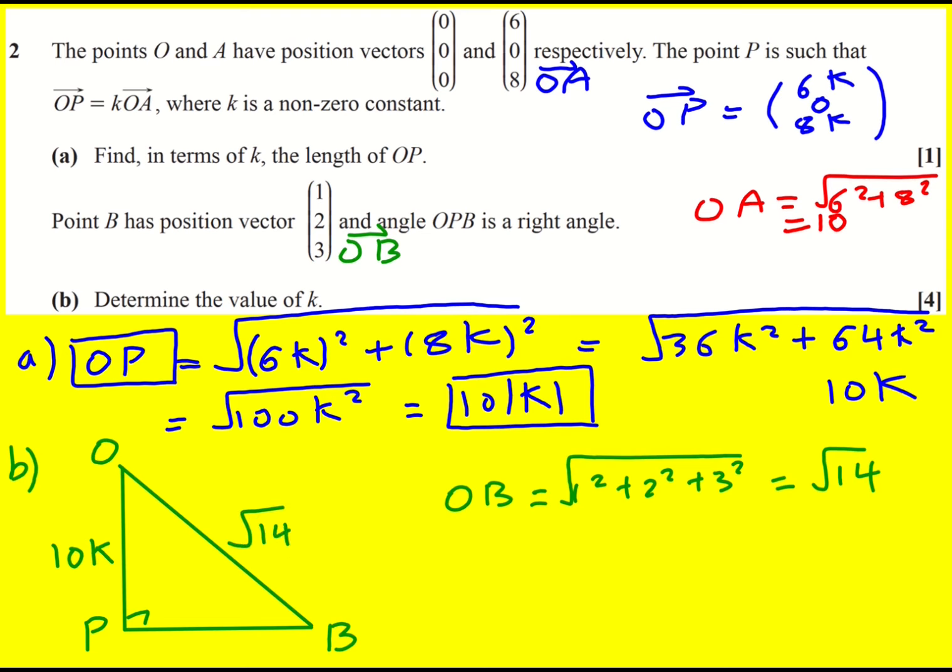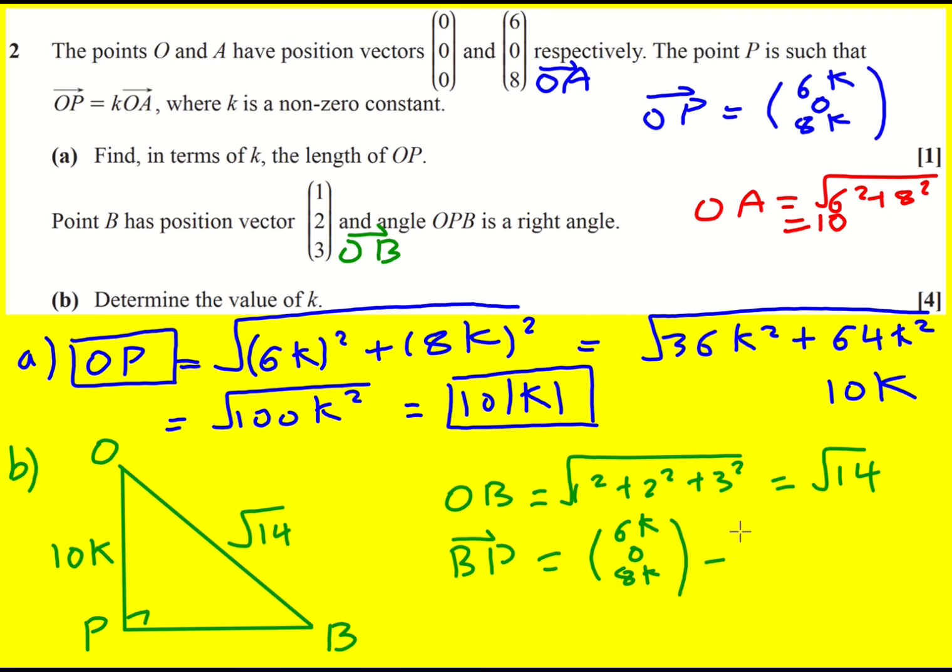Now if I can work out PB or BP in terms of K, I can then apply Pythagoras' theorem to create an equation in terms of K. Turns out that BP is slightly nicer, I think, because to get from B to P, we can go minus OB plus OP. I just prefer to subtract the ones without the algebra in.